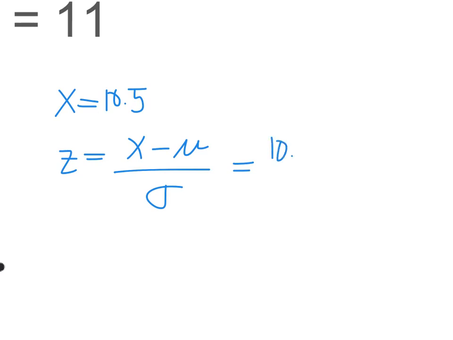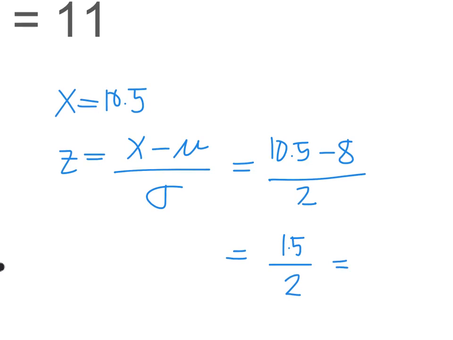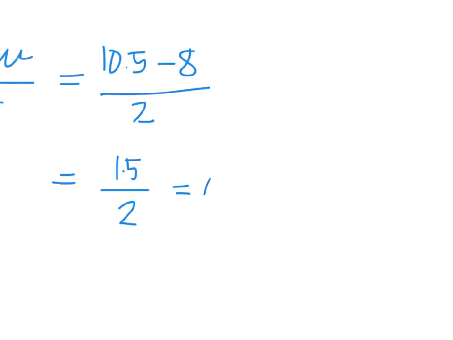Replace x by 10.5; mu, according to the problem, is 8, divided by the standard deviation, which is given as 2. 10.5 minus 8 is 2.5... 1.5 divided by 2. Then you can use a calculator to find the exact value. This is equal to 0.75.